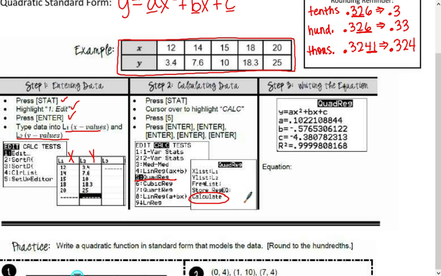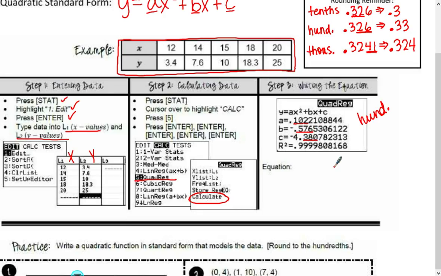Then we get this screen if you entered in your numbers correctly, and we're going to practice writing this out. Let's say we're going to round this to the nearest hundredths. Remember, hundredths means 2 decimal places, so I'm looking right here and right here. 2 decimals, so I need to go out to 3.